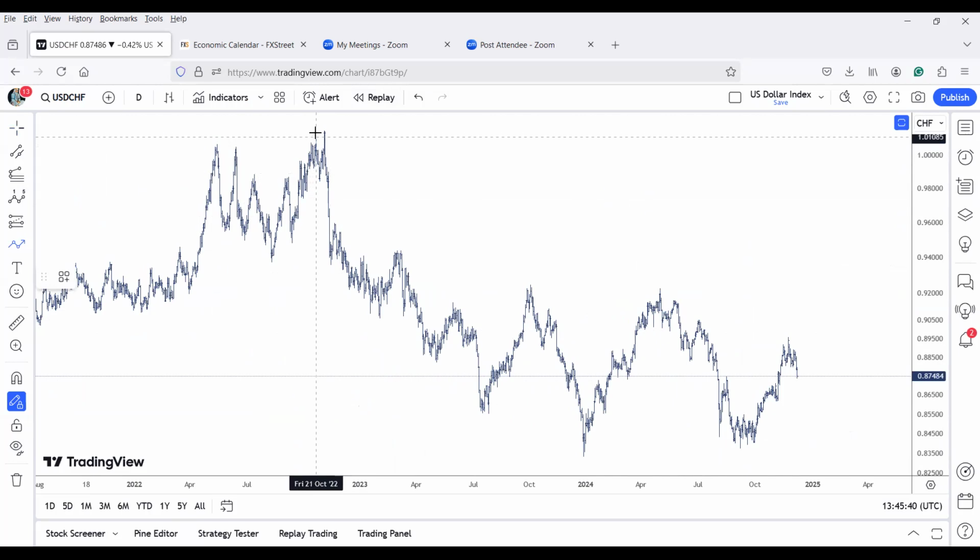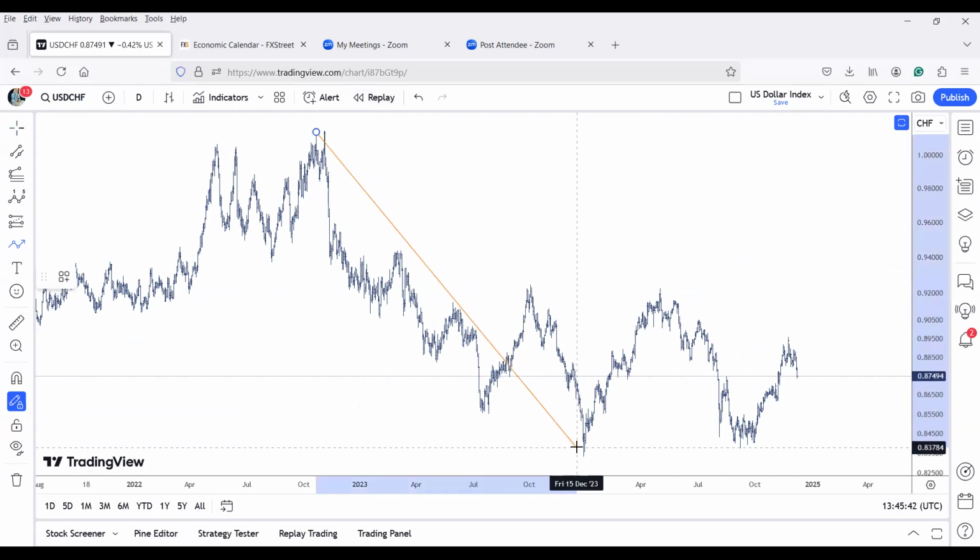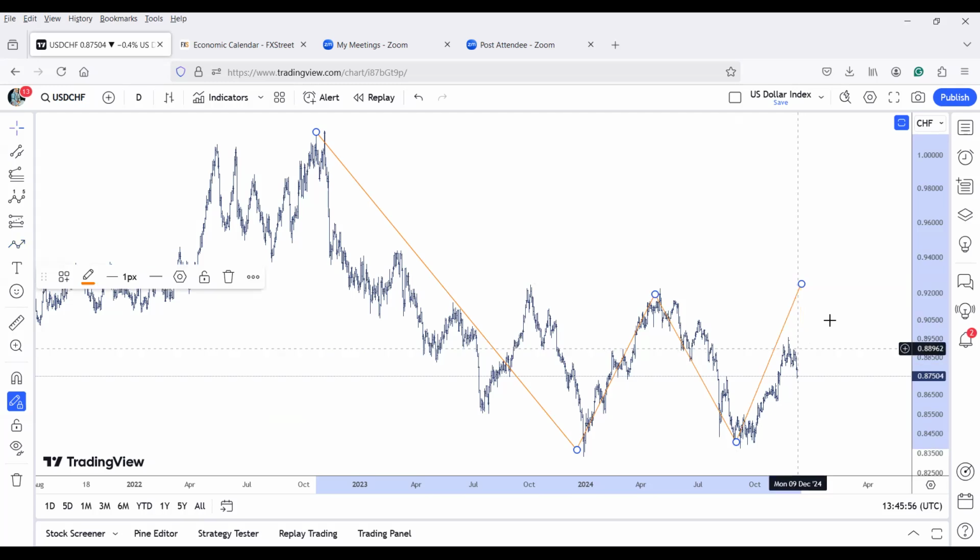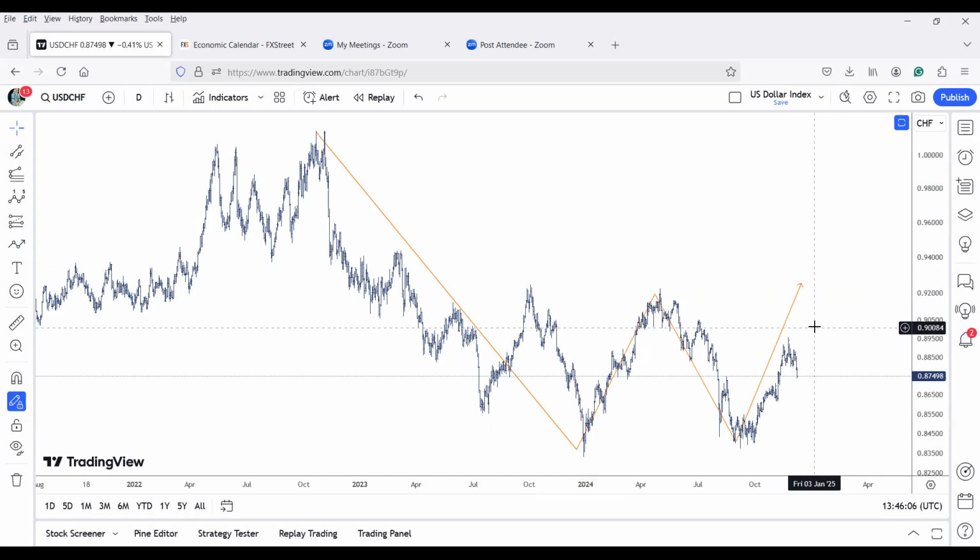This is October 22, correct? That was an impulse. This one is already lagging behind. A, B, and C should have gone here, but it's reversing probably from a lower level. It could be a running flat rather than a standard flat.